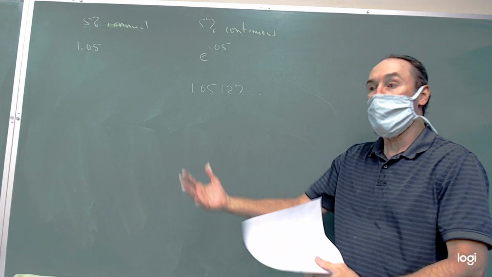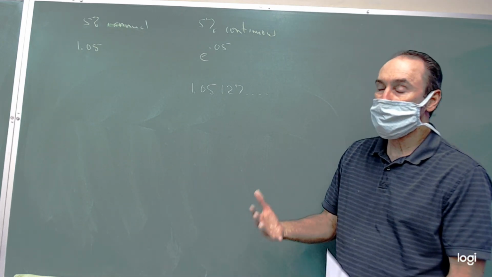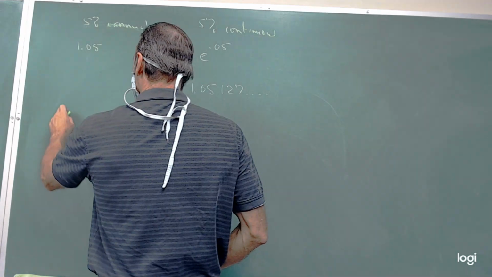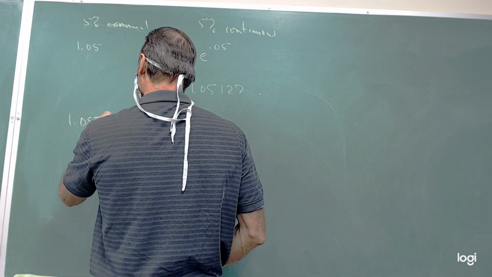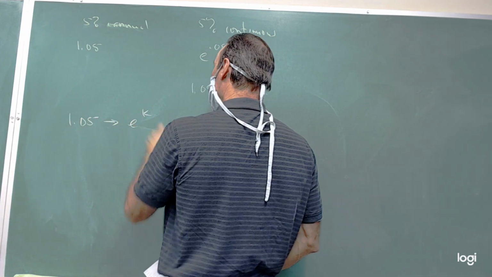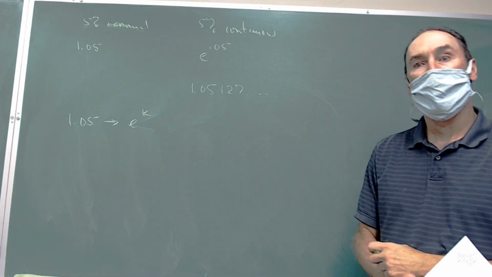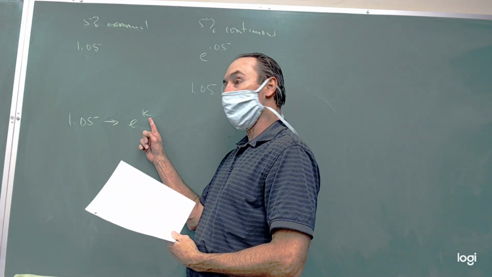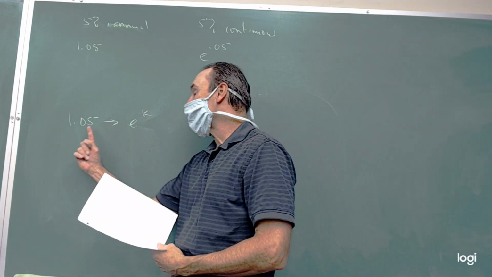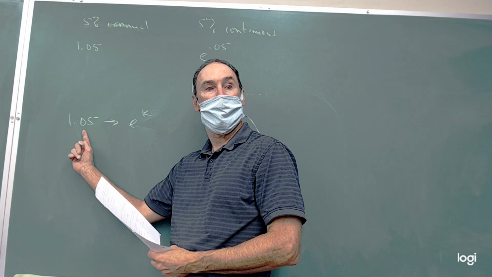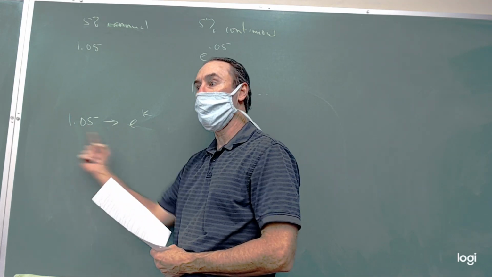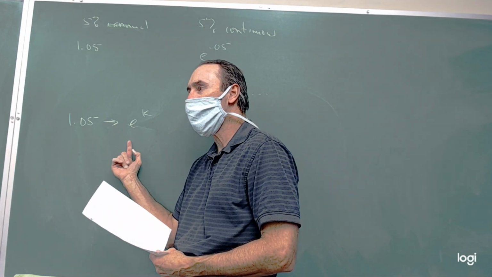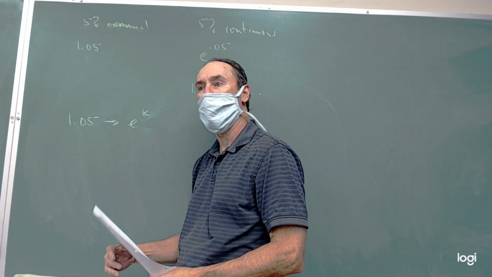So what happens if you want to convert one to the other? Well, if we want to take 1.05 and convert that to e to the k, what are we going to pick for the k? So what continuous rate is exactly the same as a 5% annual rate? How do you solve this? We haven't talked about it in here, but you know it from your Algebra 2 days. How do you solve for k?